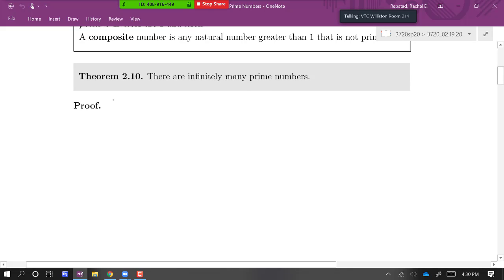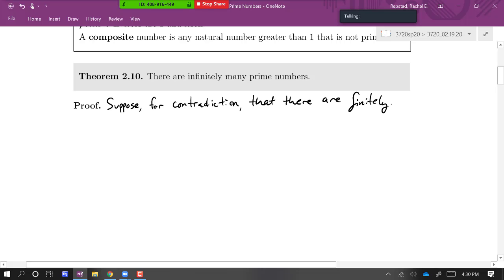Let's suppose, for contradiction, that there are finitely many primes. You know what you can do with a finite set of things? Anybody know?